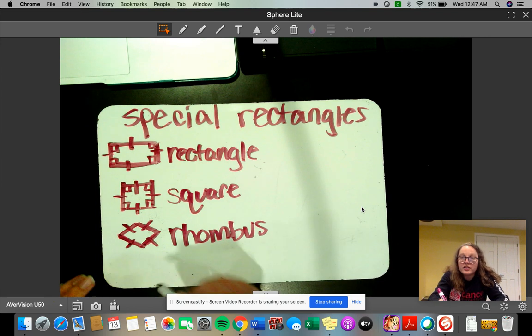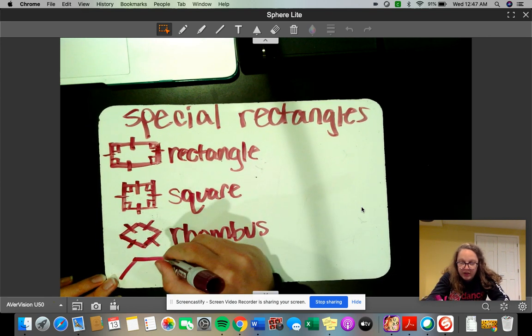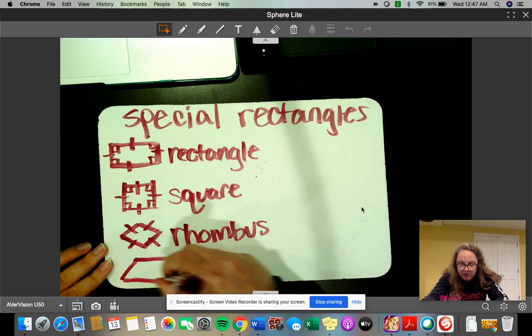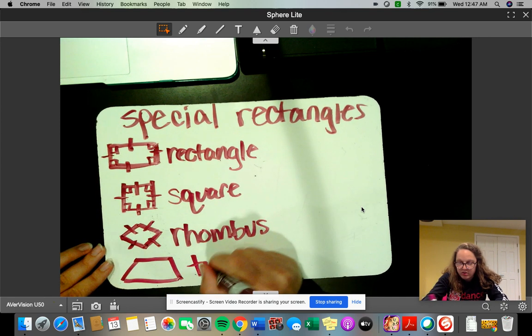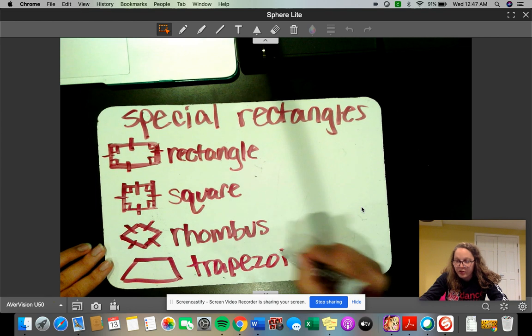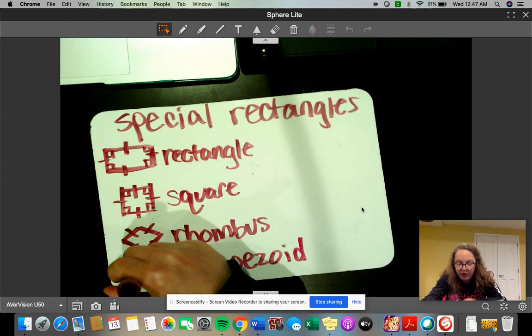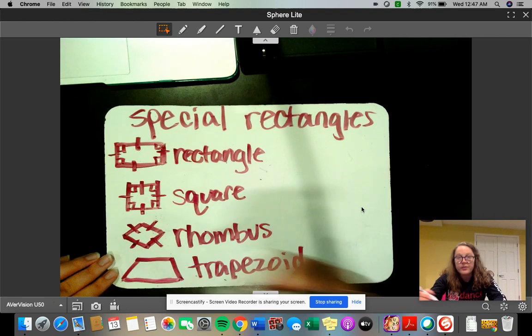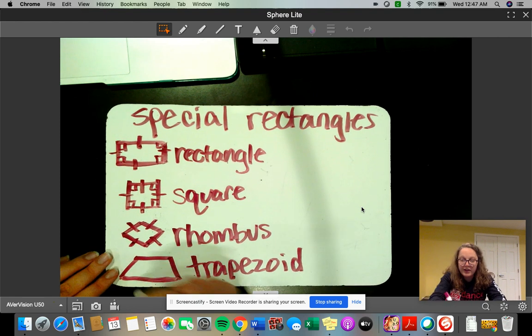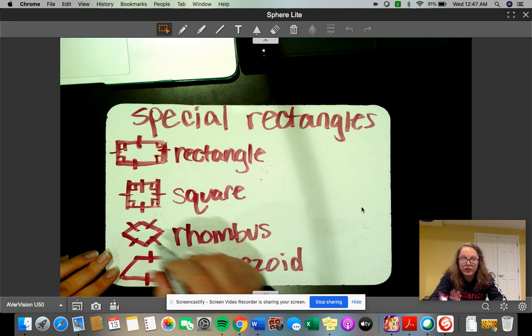The last special rectangle we're going to talk about is a trapezoid. And with a trapezoid, you don't need to worry about the corners either. They don't have to be square corners. A trapezoid is going to have 2 sides that run parallel to each other.